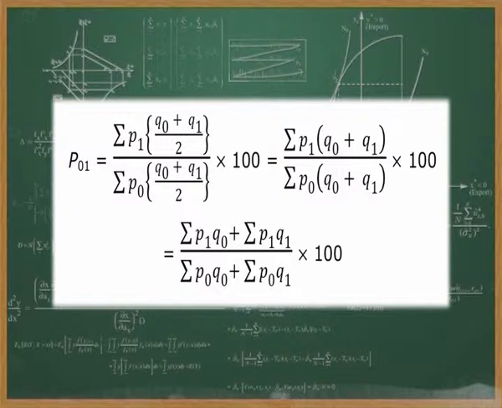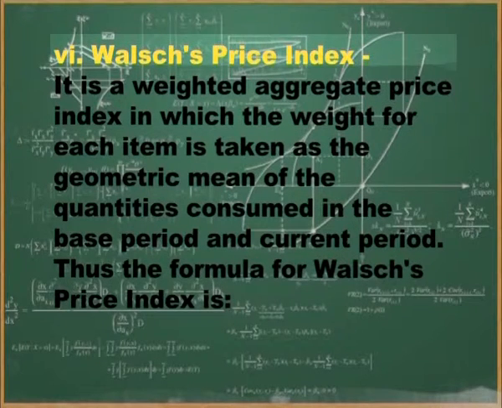So this is equal to sigma P1 times Q0 plus Q1 divided by sigma P0 times Q0 plus Q1, multiplied by 100. This is equal to sigma P1 Q0 plus sigma P1 Q1 divided by sigma P0 Q0 plus sigma P0 Q1, times 100.